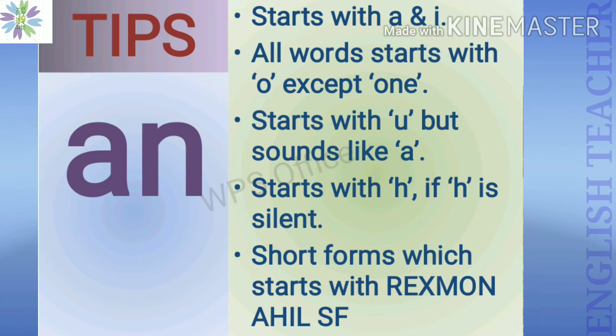If the word starts with the letter H but the H is silent, in that case an should be used. In the case of short forms which start with any of these letters R, E, X, M, O, N, A, H, I, L, S, F, an should be used. We can remember these letters by using a code: Raxmon Ahil SF.